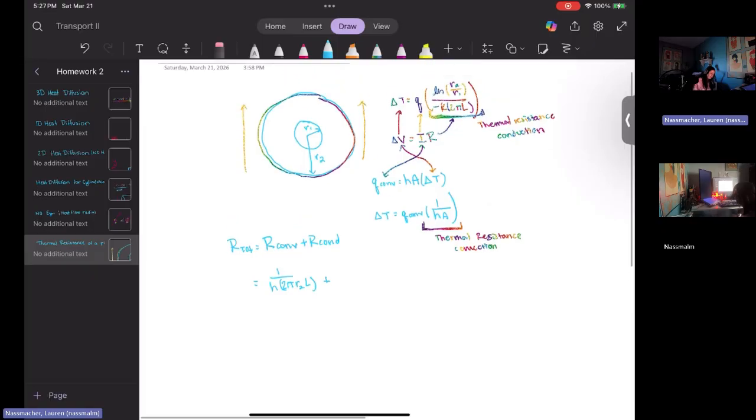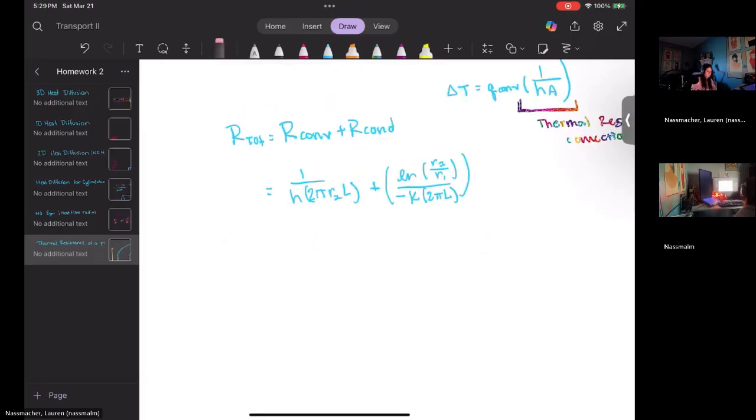And added to that, we have our longer equation, which is the natural log of our second radius over our first radius, divided by negative thermal conductivity multiplied by 2 pi L.